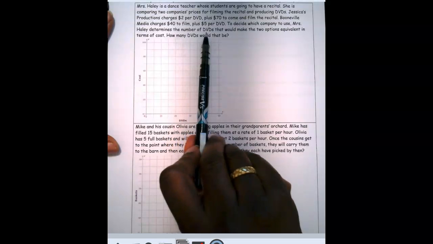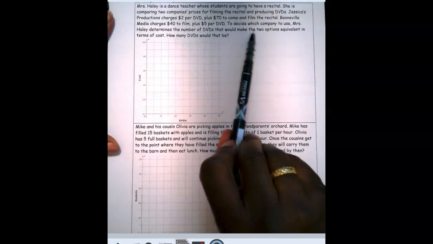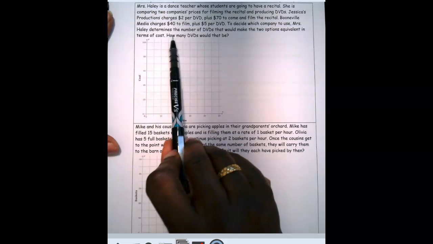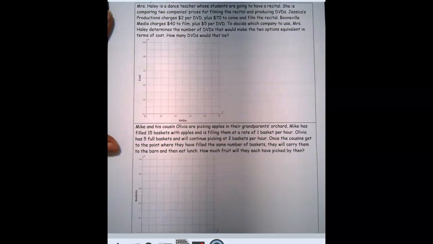Then she's got Boonville Media, which charges $40 to film, plus $5 per DVD. To decide which company to use, Mrs. Haley determines the number of DVDs that would make the two options equivalent, meaning equal, in terms of cost. So basically, when do they cost the same? She wants to know how many DVDs that would be.